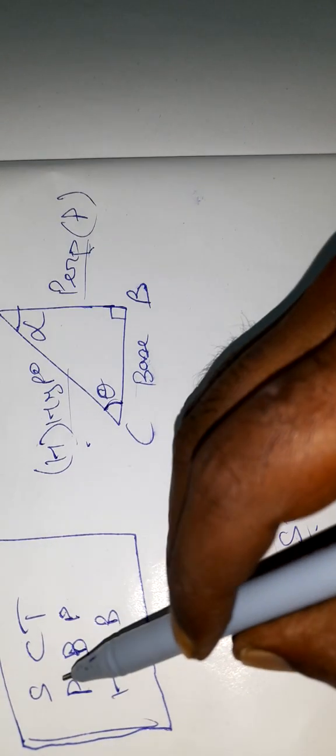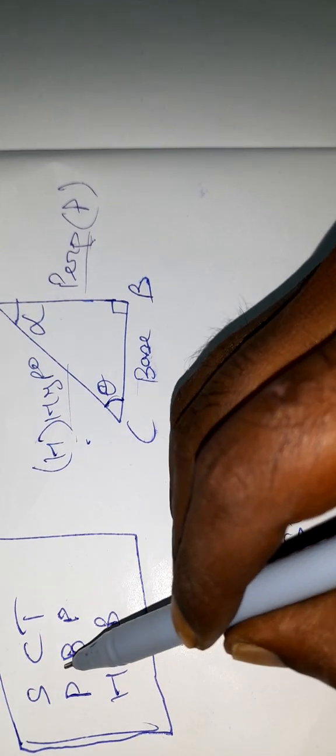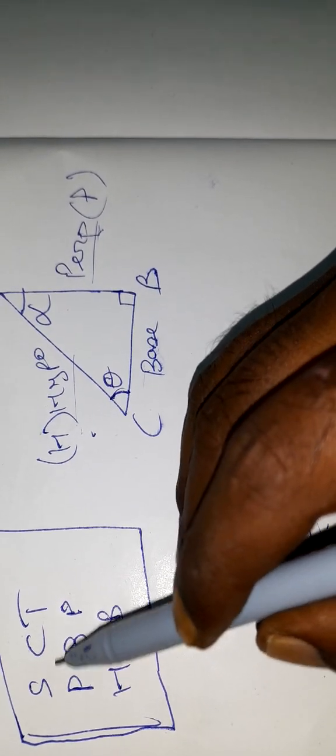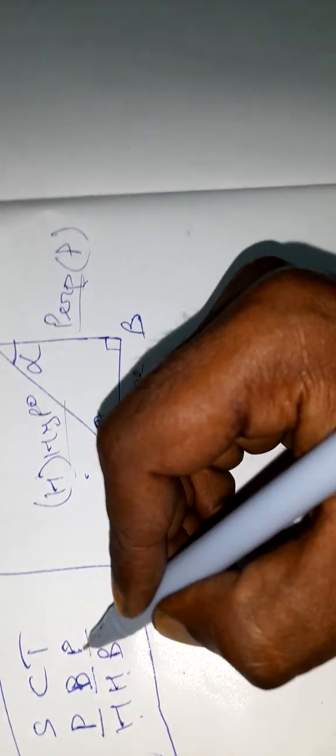To remember that sin theta is perpendicular upon hypotenuse, you can make a chart or a note of it: P by H is for sin theta, B by H is for cos theta, and P by B is tan theta.